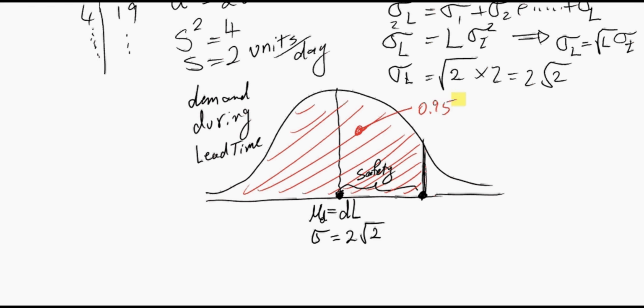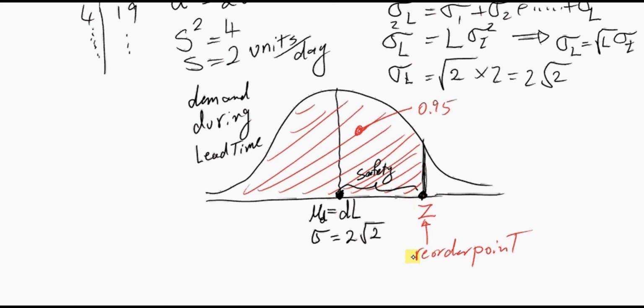That means that we have to put our reorder point above DL this much, such that we find the Z that gives us the area of 0.95 under the normal curve, and then we would set our reorder point at this level, which is Z standard deviations to the right of the mean.